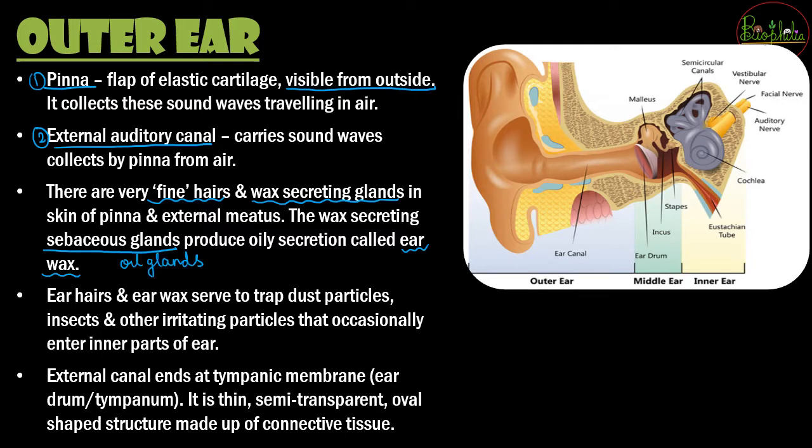They produce an oily secretion, so that the wax produced helps to entrap dust particles or any insects, like a fly or a bee entering the ear, or any kind of insect trying to enter your ear will be trapped inside that sticky wax, or any irritating particle, so that it does not enter the inner parts of the ear. All of that is entrapped because of the ear hairs and the ear wax secreted.